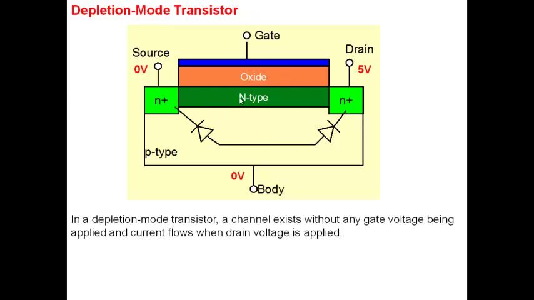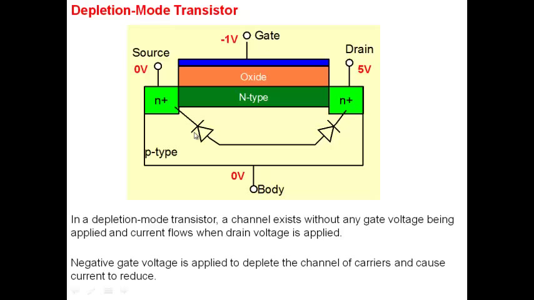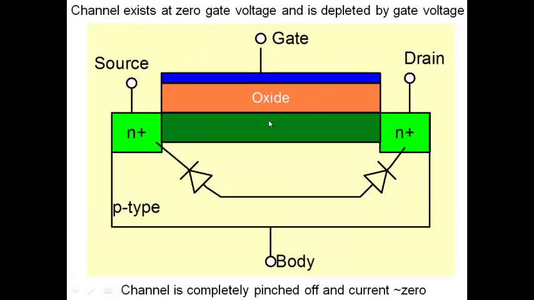The idea is that there's already a channel. When you don't apply any gate voltage, say gate voltage is 0, current is flowing. Typically, you apply a gate voltage to deplete the channel, to remove a part of the channel, as we just said. This is shown more clearly here. You apply -1 volt, you remove the electrons from here and put them on the gate, so only this much of the channel is left.